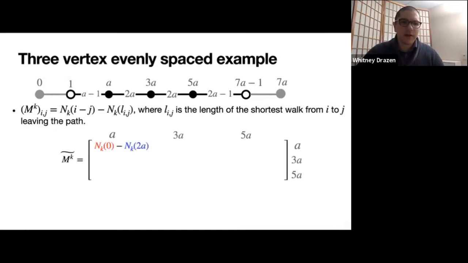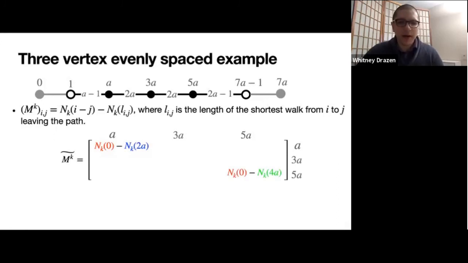In our first entry, we have n_k of 0 minus n_k of 2a, because 2a is the length of the shortest walk from a to itself leaving the path.